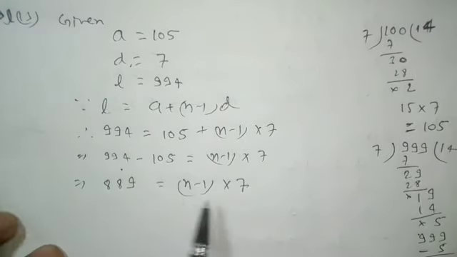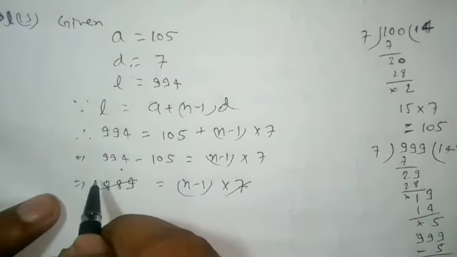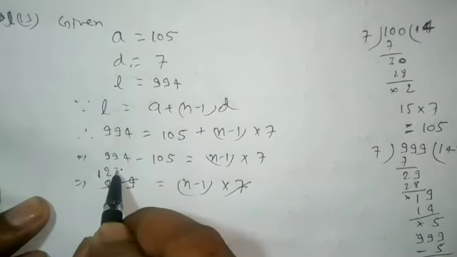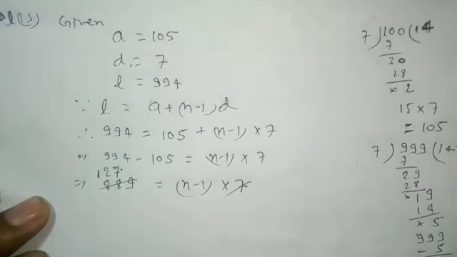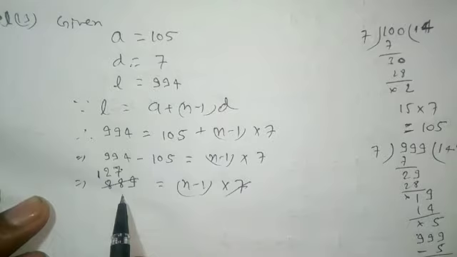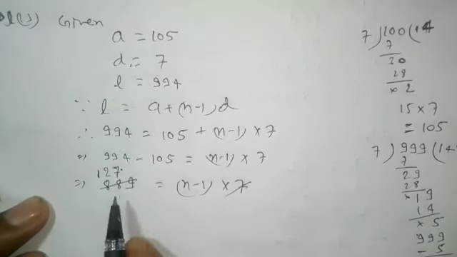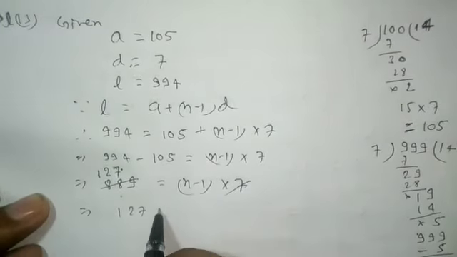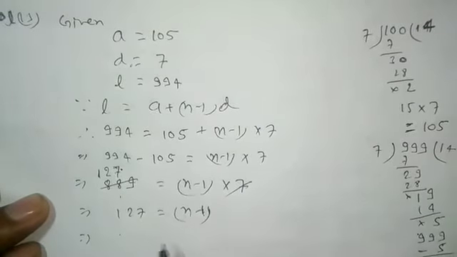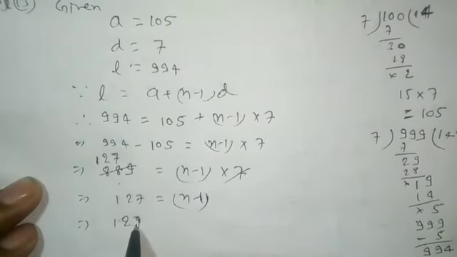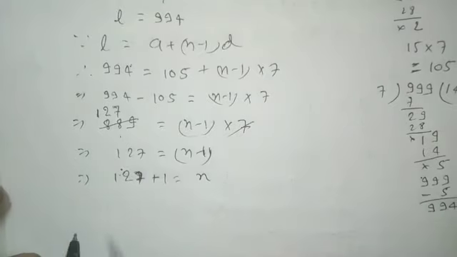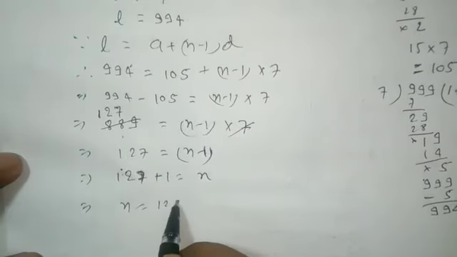Dividing 889 by 7, we get 127 is equal to n minus 1. This implies 127 plus 1 is equal to n. This implies n is equal to 128.